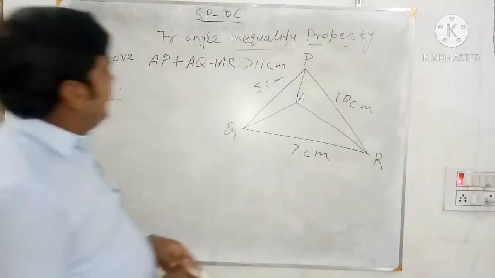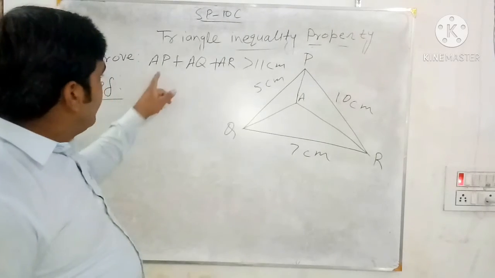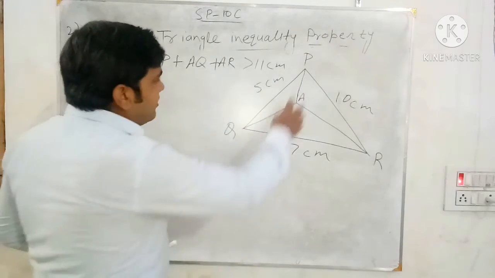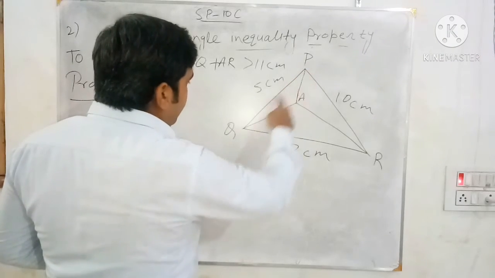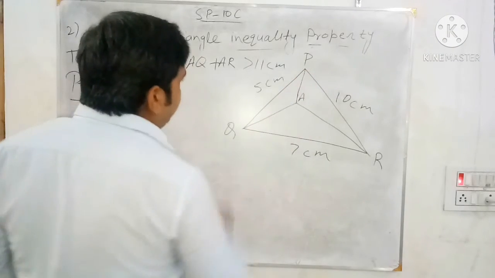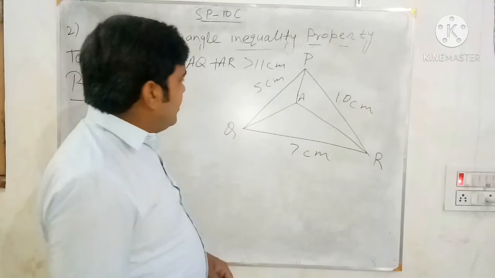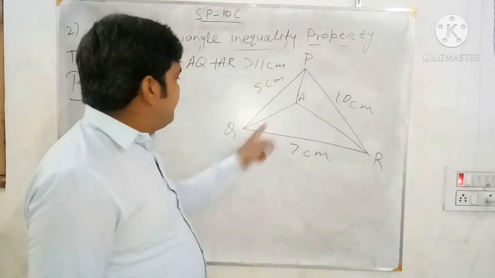First we have to take AP. AP is a side of this triangle. We can consider this triangle APQ. In this triangle APQ, the sum of two sides we can take is AP plus AQ.